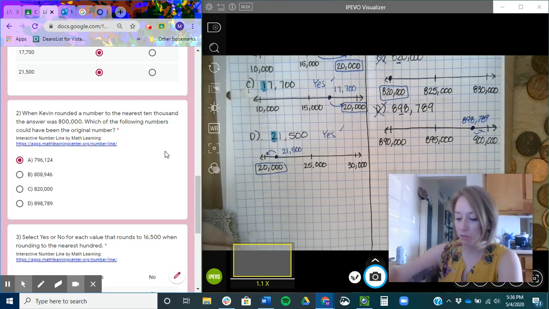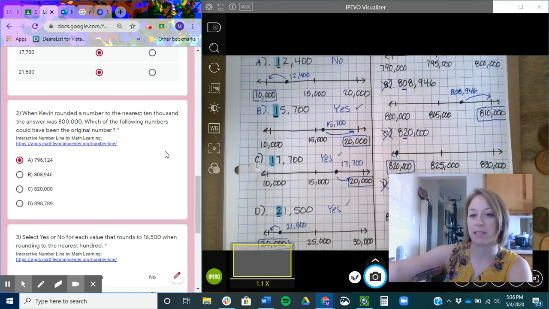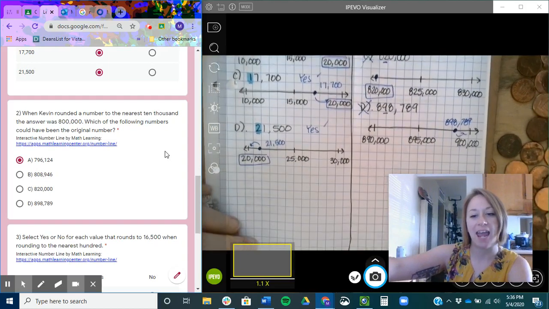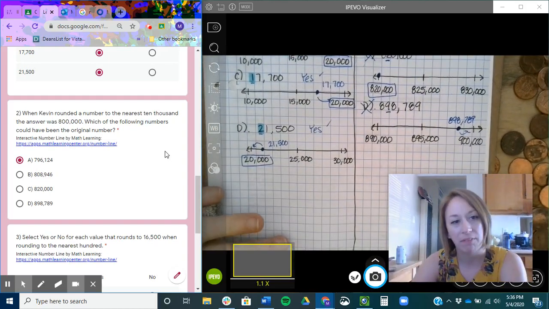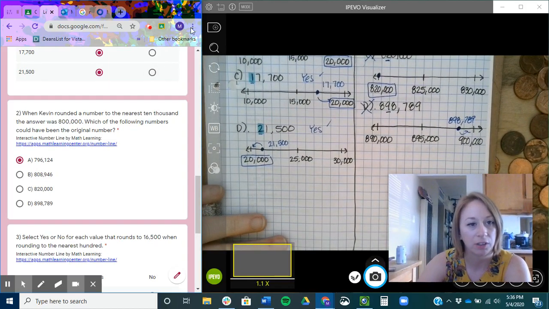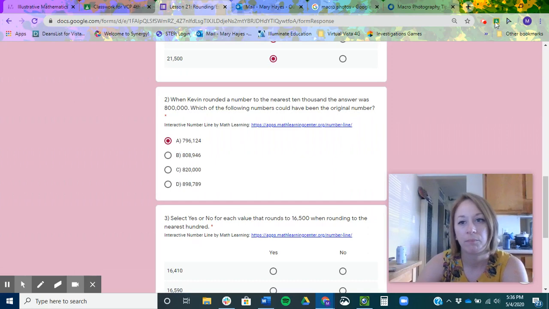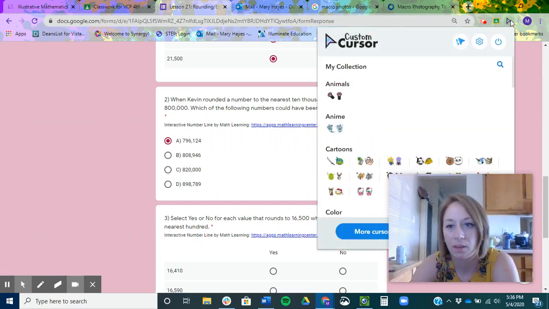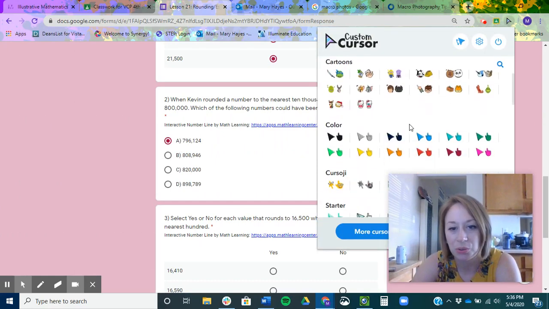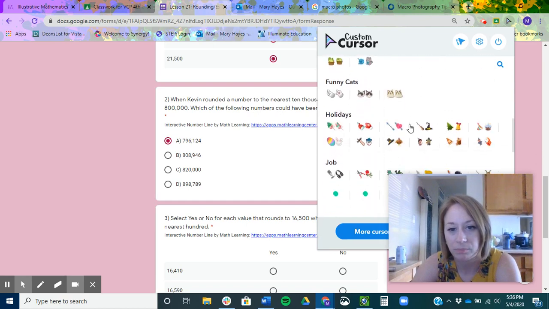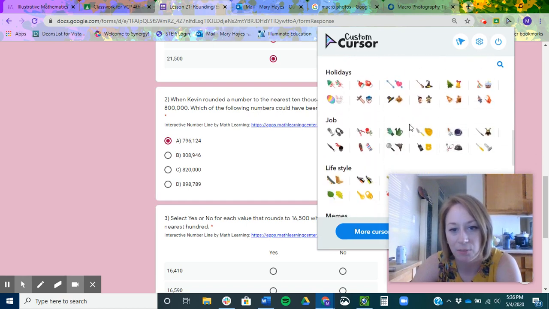Amazing work, guys. Look at how neat our paper is, especially when we organize it. Doesn't it look nice? I know, I'm a big fan. Oh, let's choose our cursor for today. How do I find it? Here we go. We can do lots of really funny cat ones.